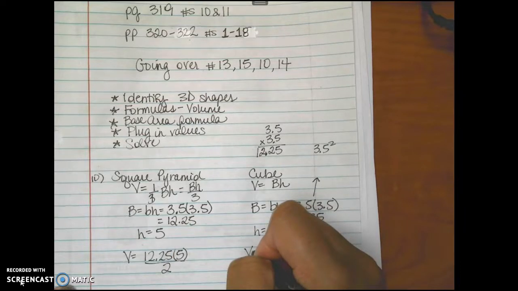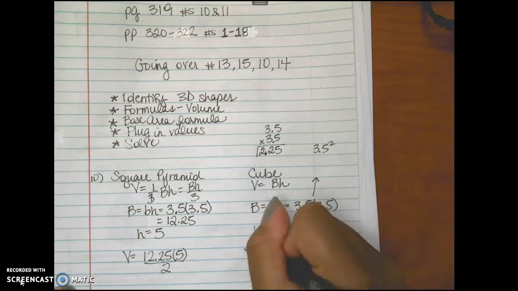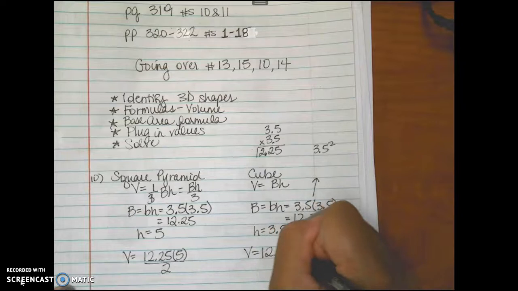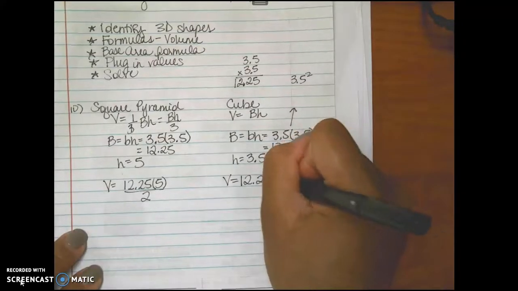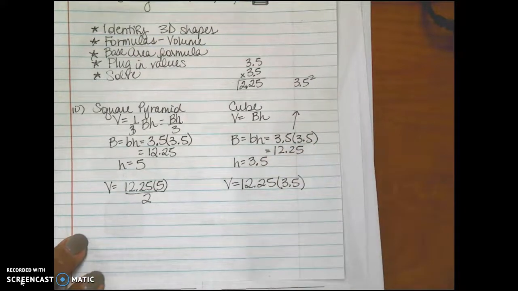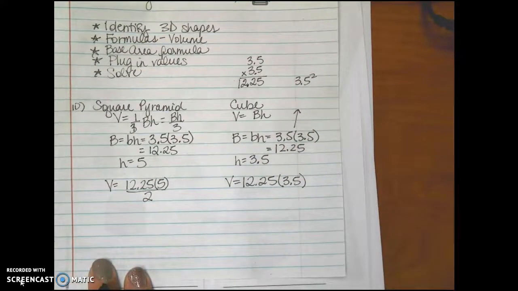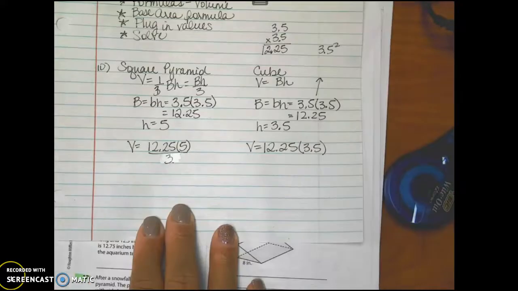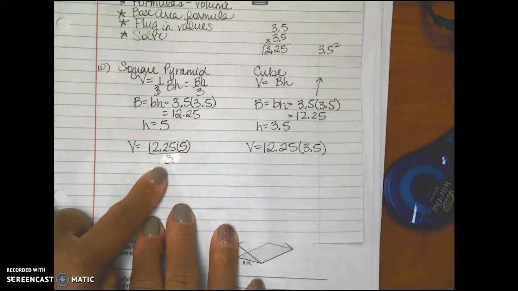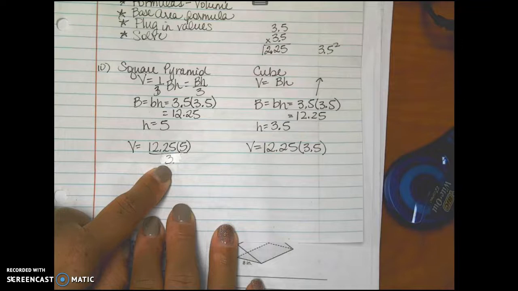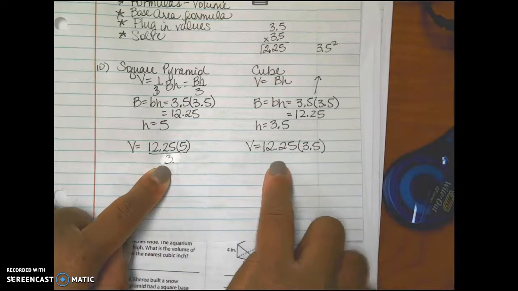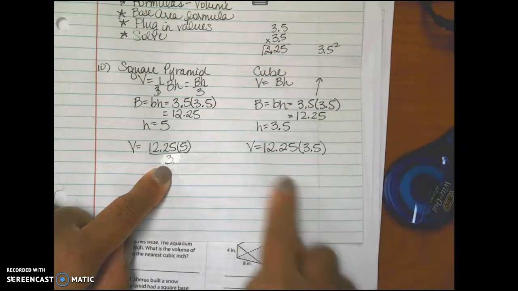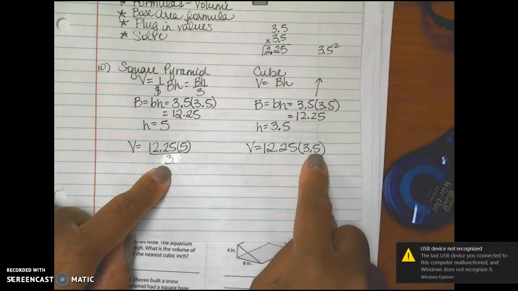Over here, volume equals 12.25, this is me plugging in my values, times 3.5. 12.25 times 5, and then divide it by 3. Okay, I just changed my 2 to a 3 because I was wrong. And then I have 12.25 times 3.5.